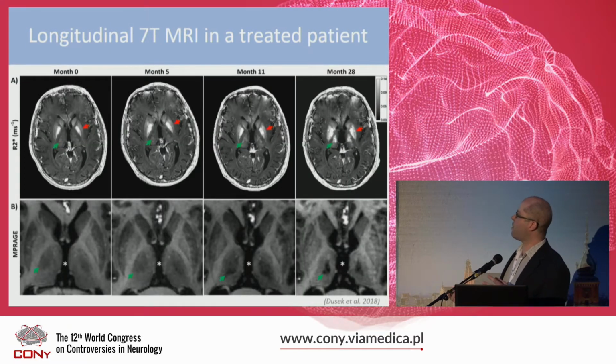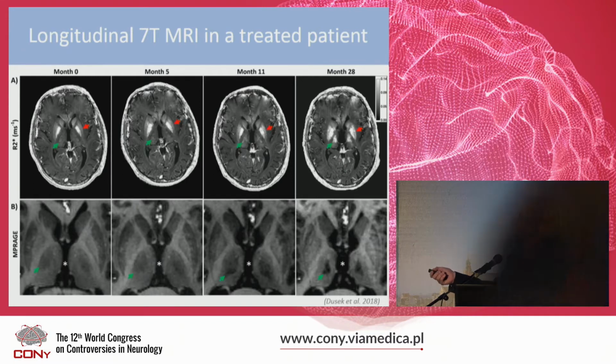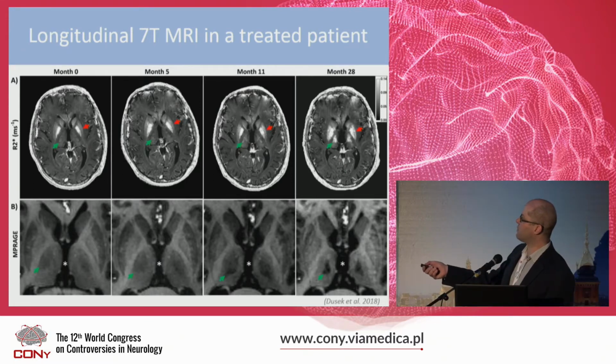This is one of our longitudinally followed Wilson disease patients, and this is R2 star, which I've shown you correlates with iron. And you see that when the treatment began, this patient continued to accumulate iron in his basal ganglia. And at the same time, there was increasing atrophy, that the third ventricle increased, the thalami shrink, and the putamen also shrank.